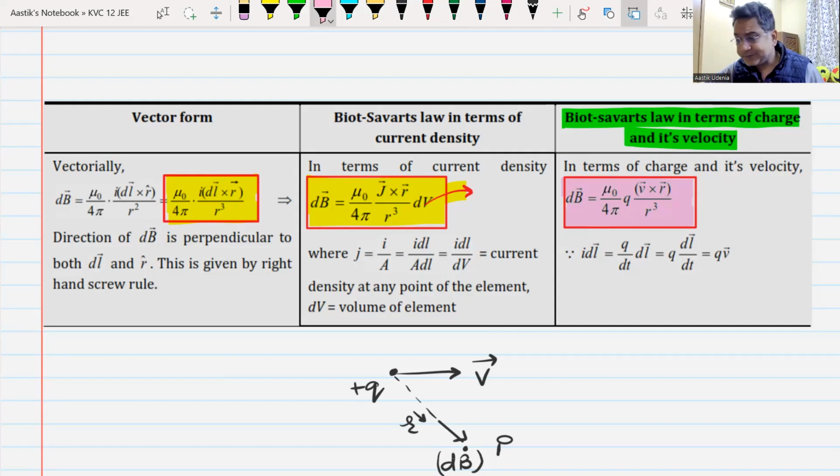This will become the vector form of magnetic field created by this point charge. If you want, you can also write the scalar form. The scalar form will be dB equals mu naught by 4 pi q v sine theta.